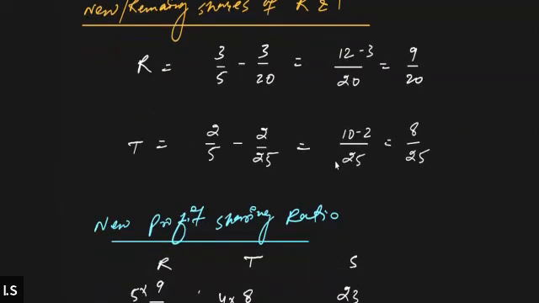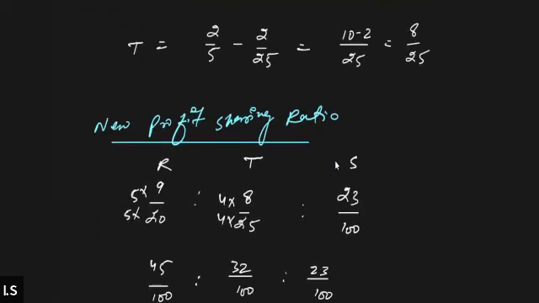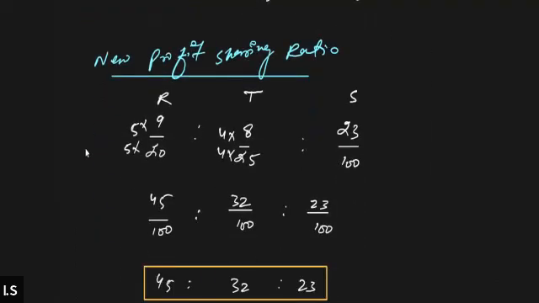Now in order to determine the new profit sharing ratio, we will simply write down R's share, the remaining R share is 9/20, and T's share is 8/25, and S's share we have already calculated as 23/100. Now you can see the base is not equal.